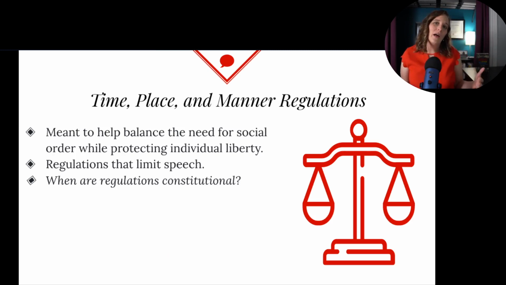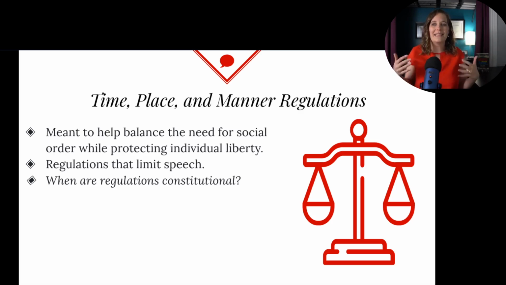In order to help balance the need for social order while protecting individual liberty, the court has said that there are limitations to what is entailed in protected speech. So over the course of several cases, the court has outlined 4 restrictions that governments must follow in order to restrict free speech.